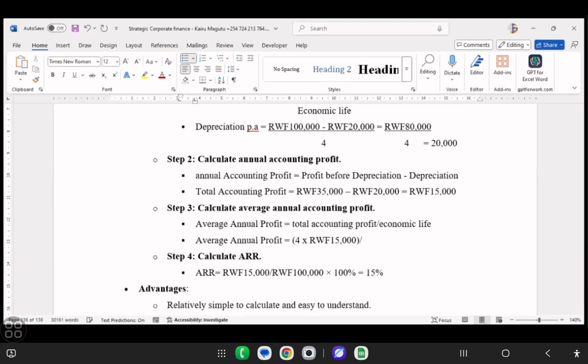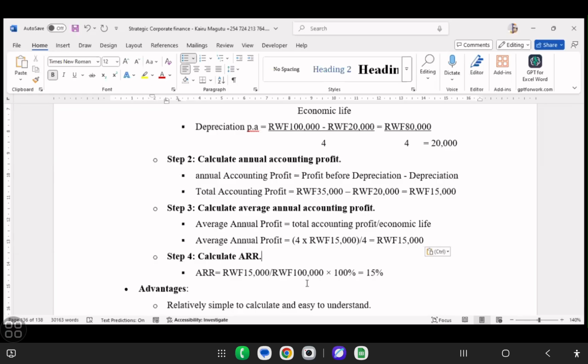This one you divide by 4 years. This is equal to Rwandan francs 15,000. We have equivalent profits per annum like that. Then determine the accounting rate of return, 15 divided by initial investment. That gives 15%.